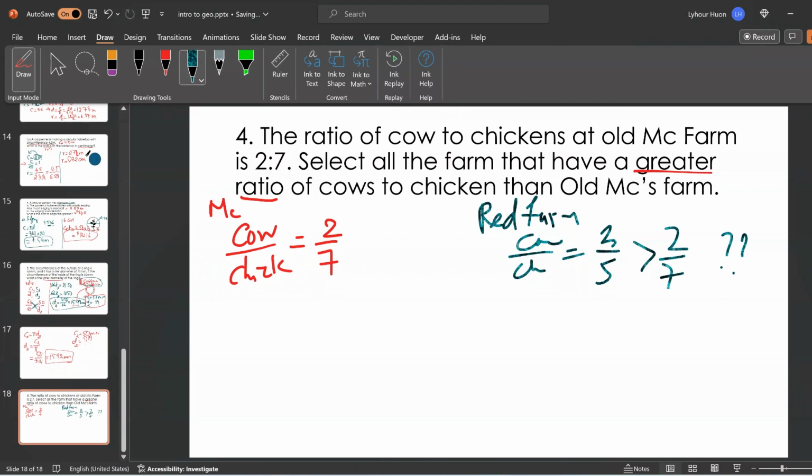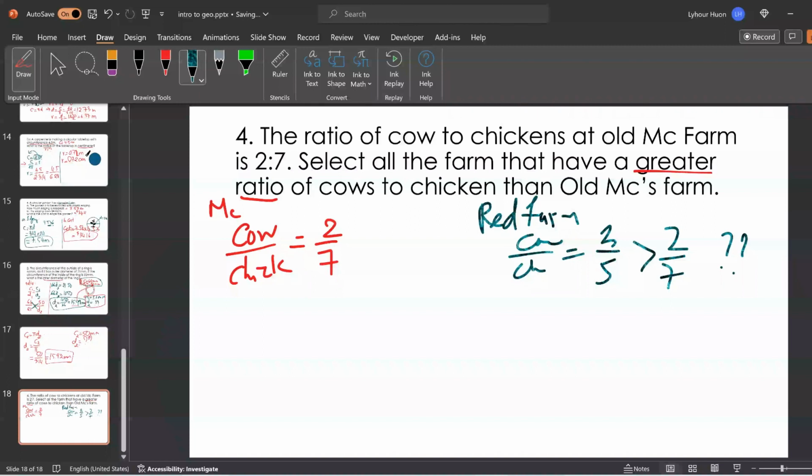How do we check? I think it's 2/7 only, because if I were to multiply it by 2/2. To check which one is greater by comparing fractions with different denominators, we cannot just check, right?